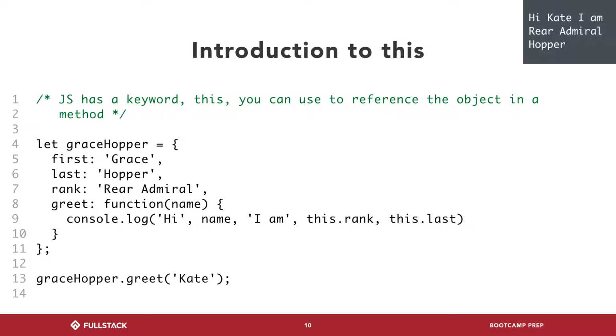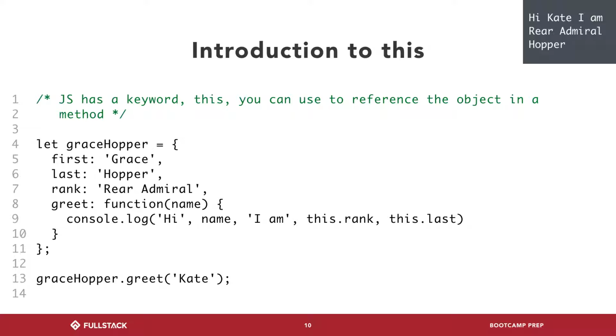So when I do gracehopper.greet, and I just do my name and say, "Hi, I am gracehopper.rank," I can actually just write this.rank, because when I write this, the computer's going to say, okay, you're writing it in the context of this function. Who does this function belong to? It belongs to this gracehopper object.